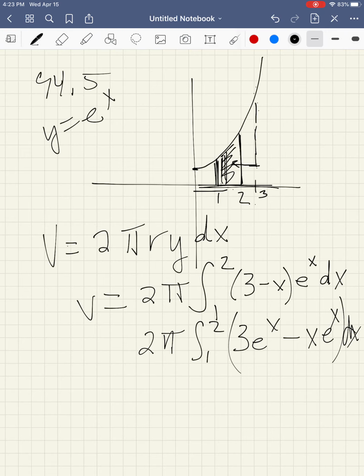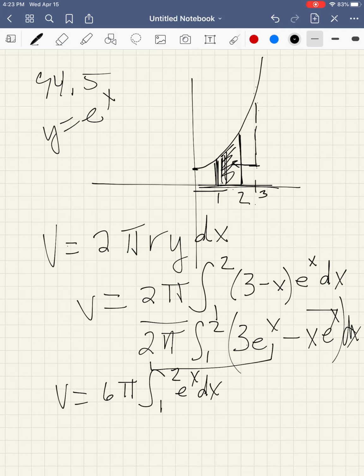And so what they did was they took this as one integral, and then they took this times this as one integral. So 3 times 2 would be 6 pi, the integral from 1 to 2 of e to the x dx. And then minus the 2 pi comes over here, 2 pi times the integral from 1 to 2 of x e to the x dx.